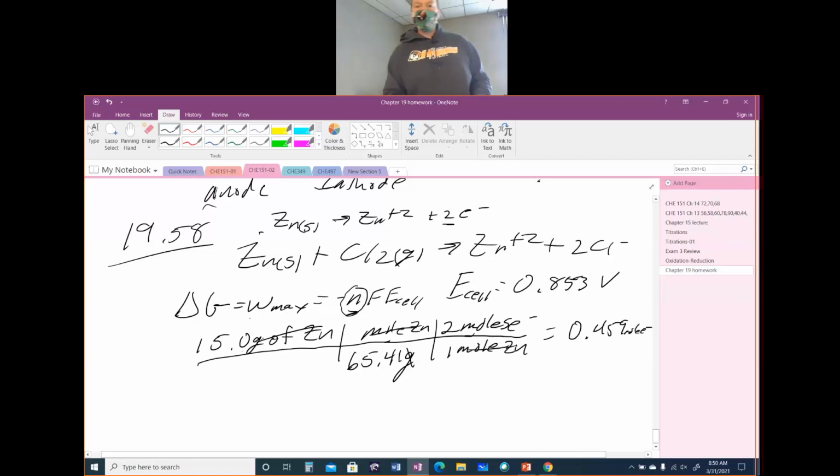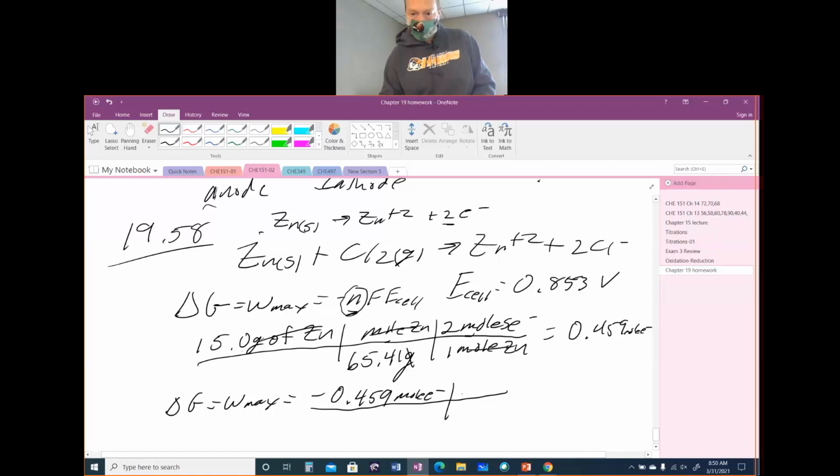All right, and so F is a constant, E is given. So once you have that solved, then this question is very simple. Delta G is equal to work max is equal to negative 0.459 moles of electrons. All right, and then Faraday's constant, 9.65 times 10 to the fourth. That would be given on the test, and that is coulombs per mole of electron.